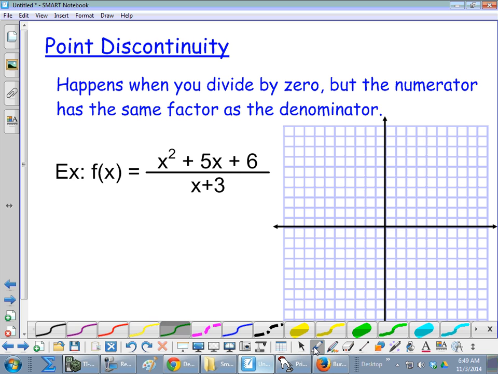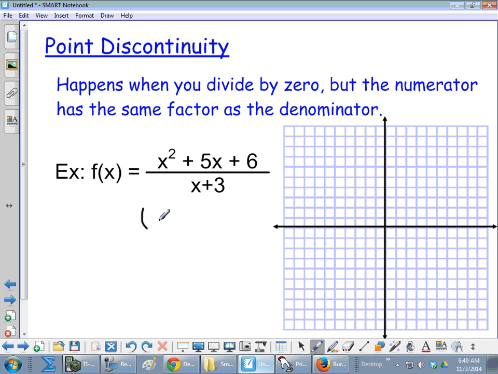So what I'm going to do is I'm actually going to factor the top and see what I get when I factor the top. So this factors into x plus 2 times x plus 3, and the bottom is x plus 3. So what happens is we can really cancel out the top and the bottom, but in this equation we still are dividing by 0, so you can't just cancel it out and then ignore the fact that this x plus 3 ever existed.